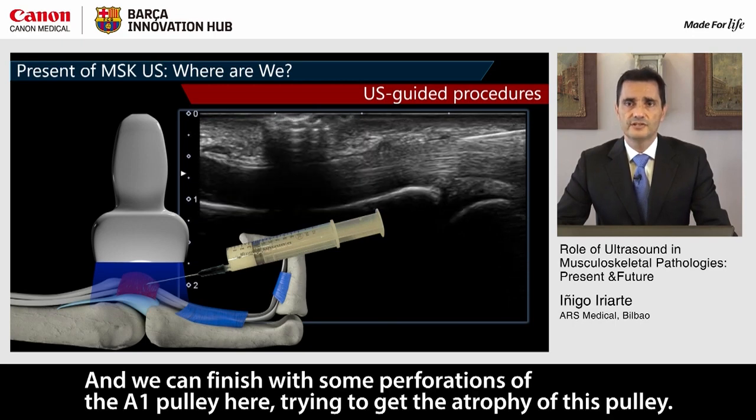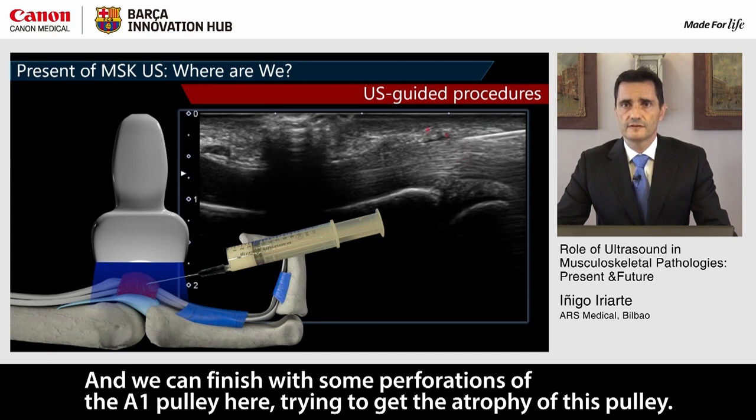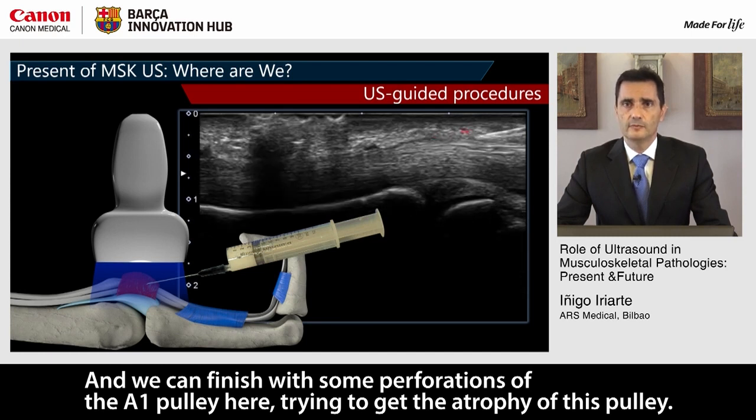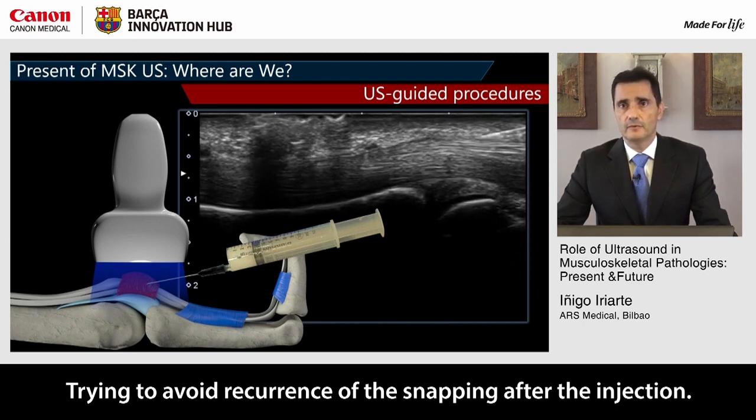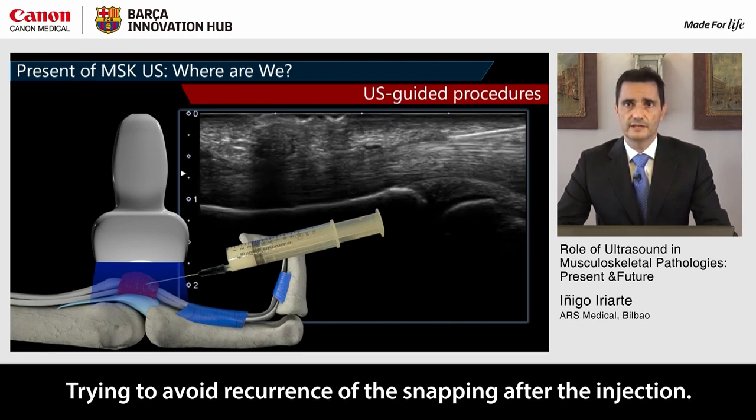And we can finish with some perforations of the A1 pulley, trying to get the atrophy of this pulley, to avoid the snapping beginning again after the injection.